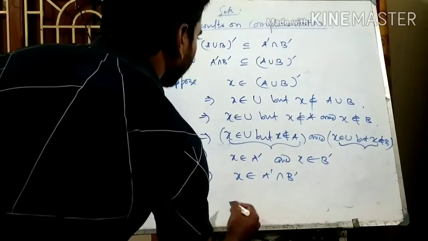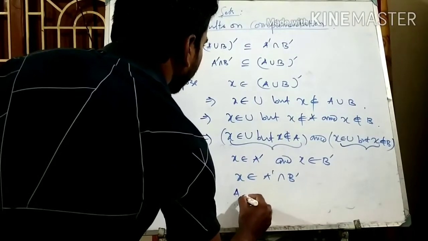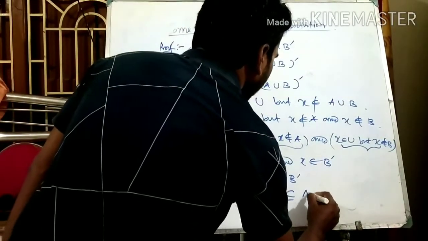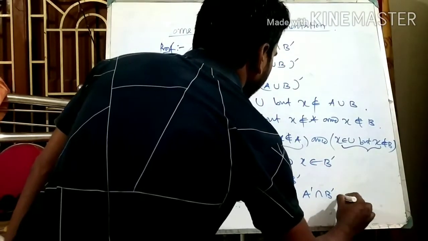So A union B dash is a subset of A dash intersection B dash.